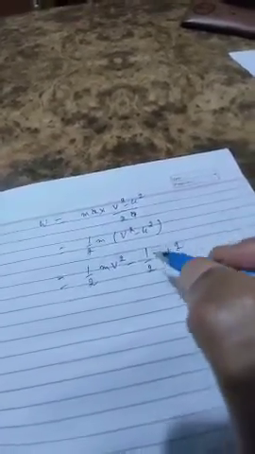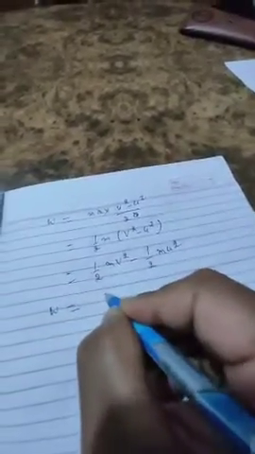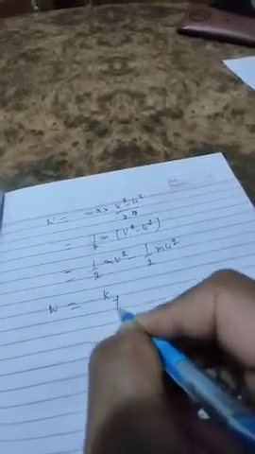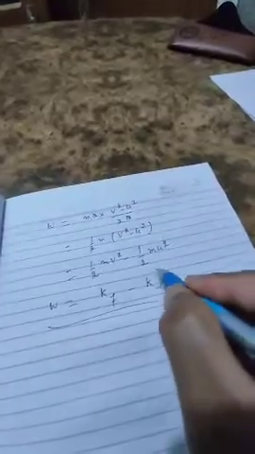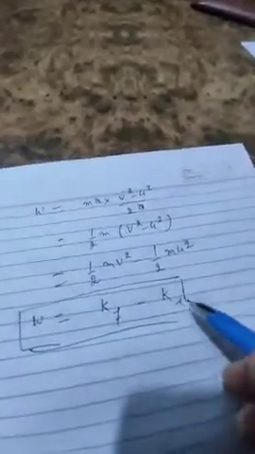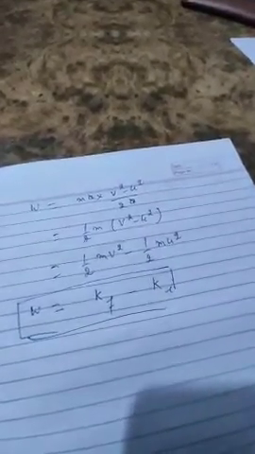So we can write work done is equal to final kinetic energy minus initial kinetic energy, and this is what the work energy theorem is.